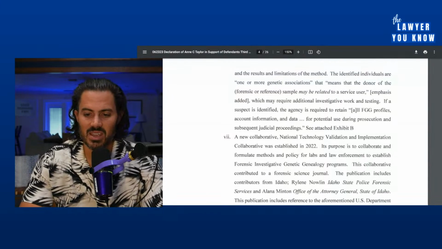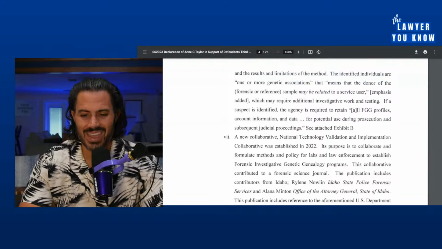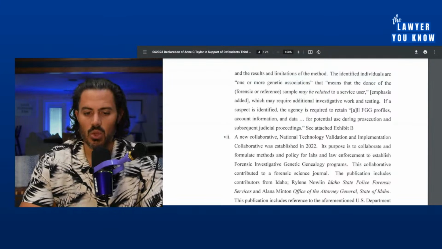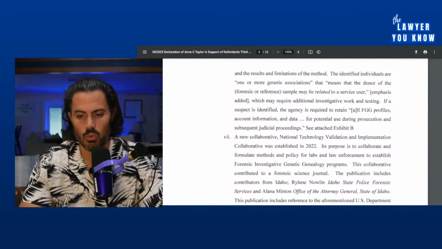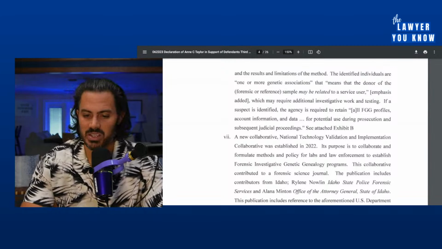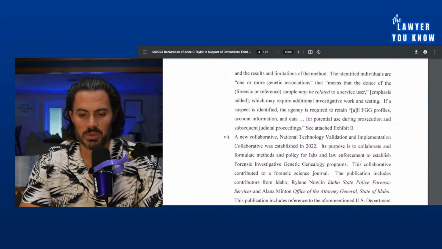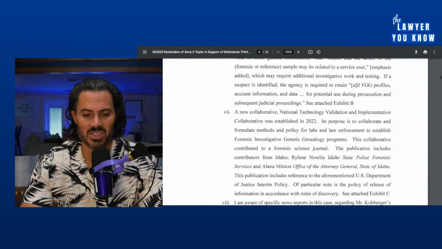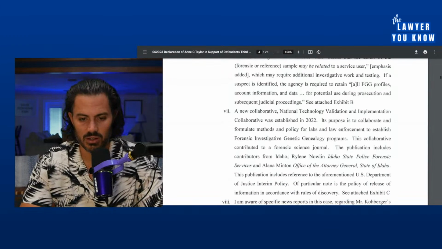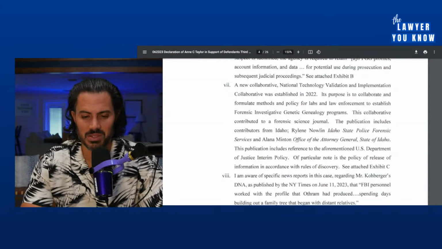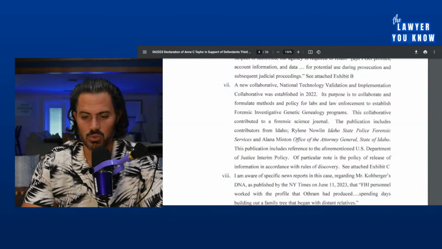That means that the donor of the forensic or reference sample may be related to a service user, which may require additional investigative work and testing. If a suspect is identified, the agency is required to retain all FGG profiles, account information, and data for potential use during prosecution and subsequent judicial proceedings. A new collaborative national technology validation and implementation collaborative was established in 2022.